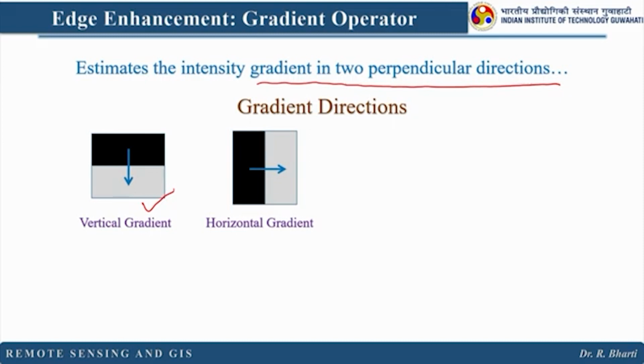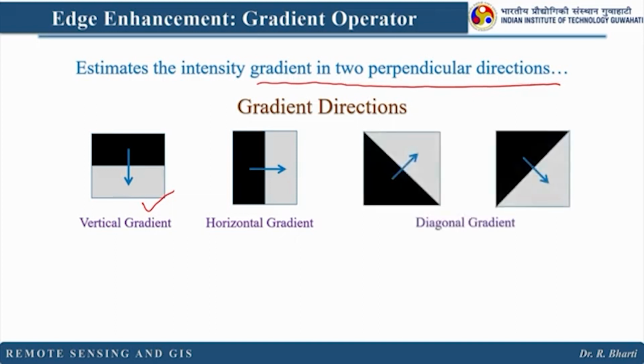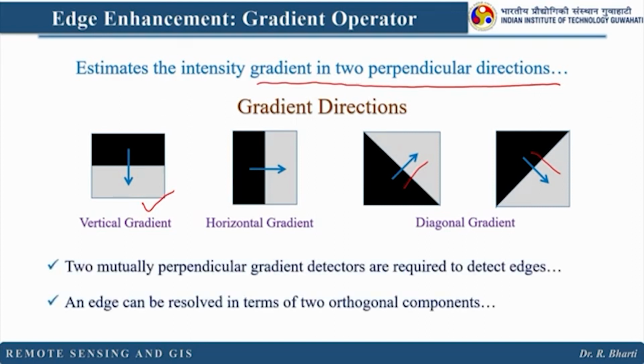Then next is horizontal gradient, the change in the horizontal direction. Then in diagonal gradient, it can be either in this direction or this direction. That is very easy to understand with these examples. So two mutually perpendicular gradient detectors are required to detect edges, and an edge can be resolved in terms of two orthogonal components, right. So this is very simple. I hope you have understood this concept.